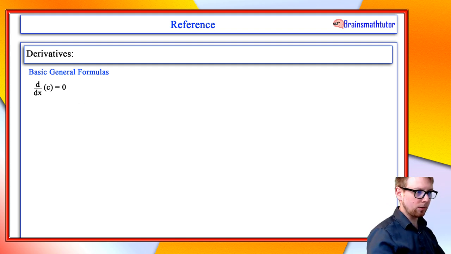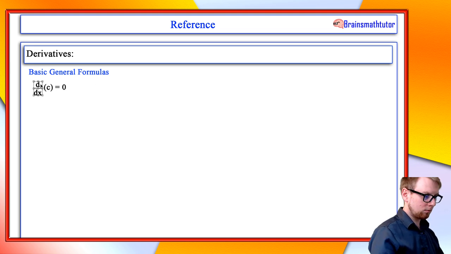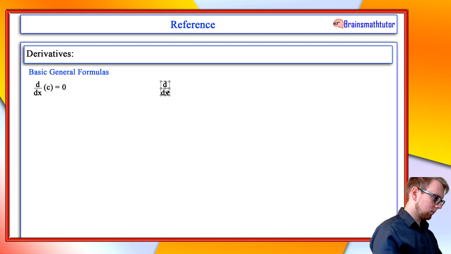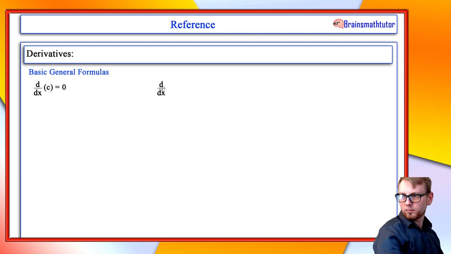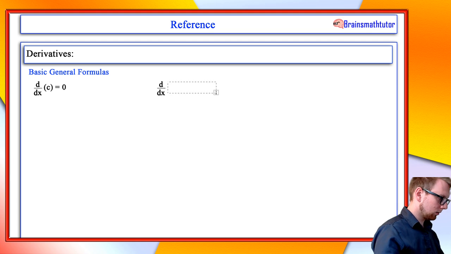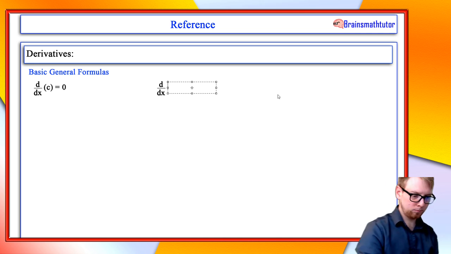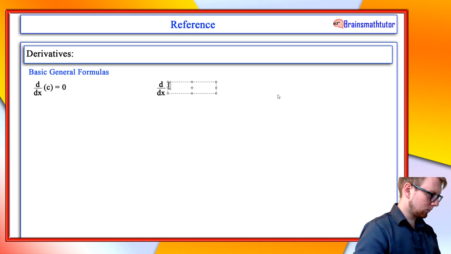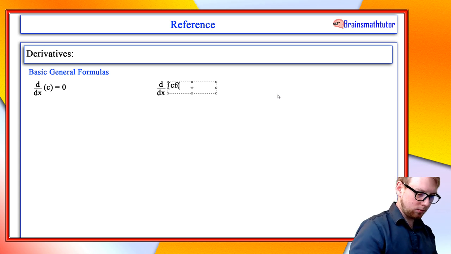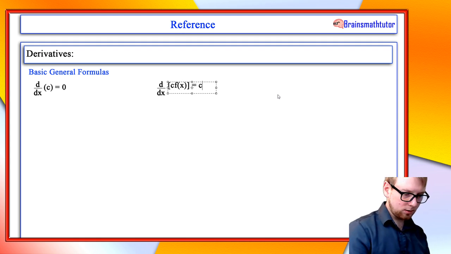See how far we go with 3. C times f of x equals C times.